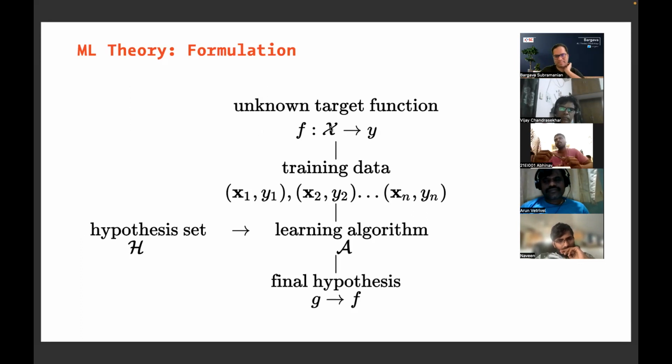There is some transformation, some God function which we have no access to. We have some clue to it, but we don't know exactly what it is. The only clue we have is the set of training data. We only have access to some of the training data, not all of it. That is why it is called a sample.